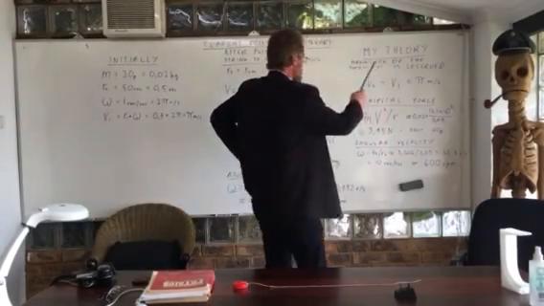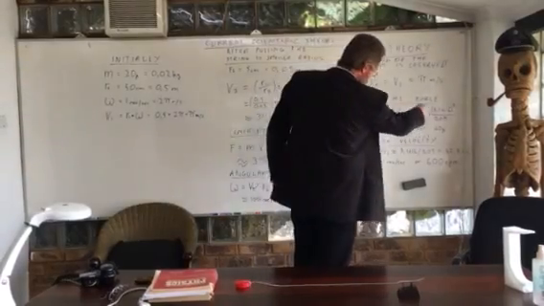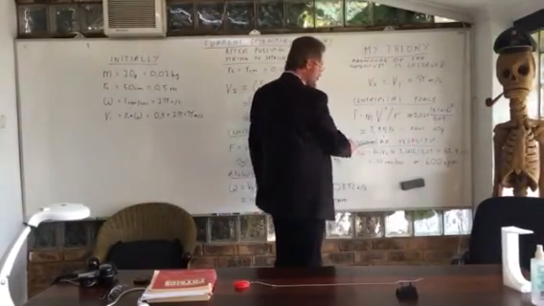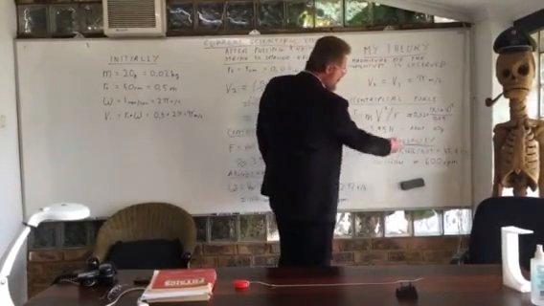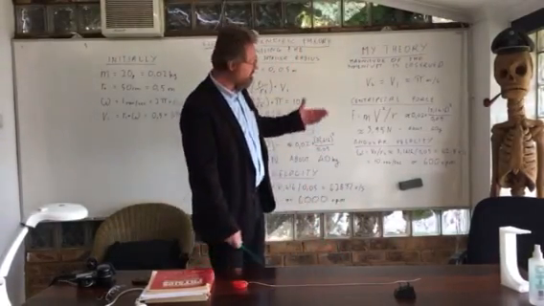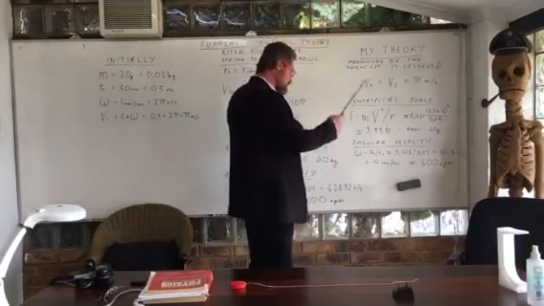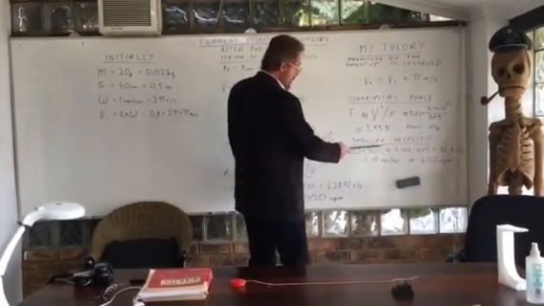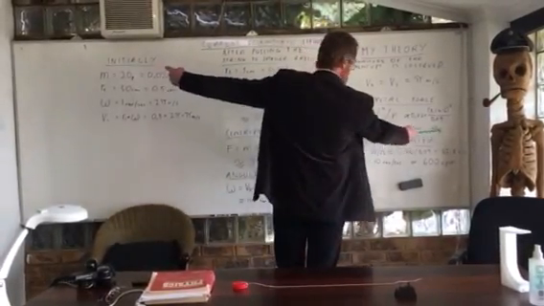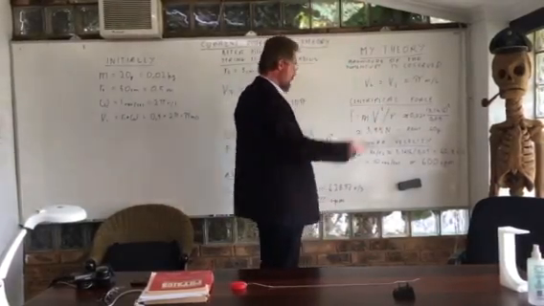Which will give us a centripetal force of F equals mv squared over r, fill it in, 3.95 newtons, or the equivalent force that gravity exerts on 40 grams. So, 20 gram mass, I'm going to feel 40 grams when I pull it in. I've got to pull more than 40 grams.